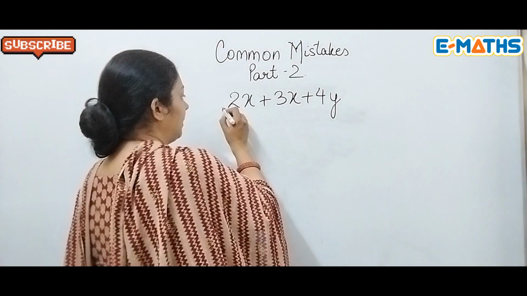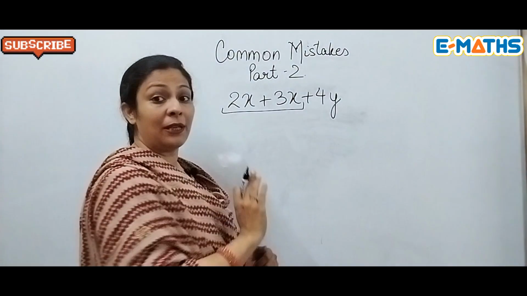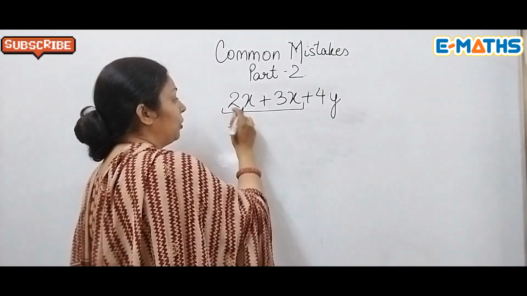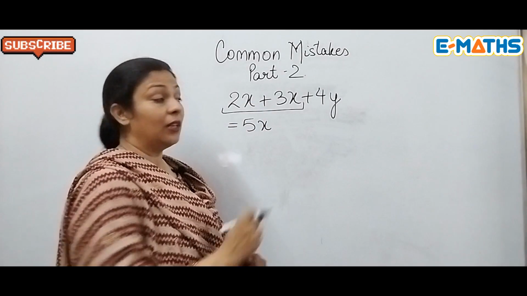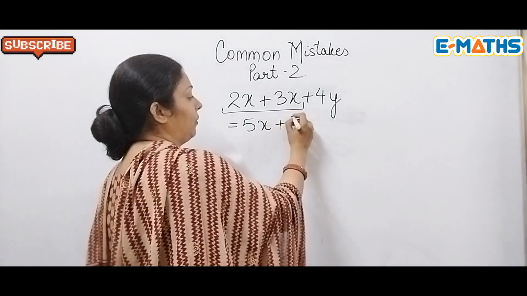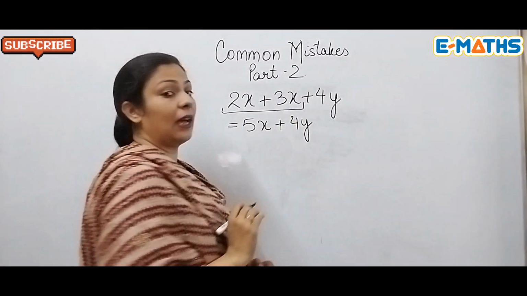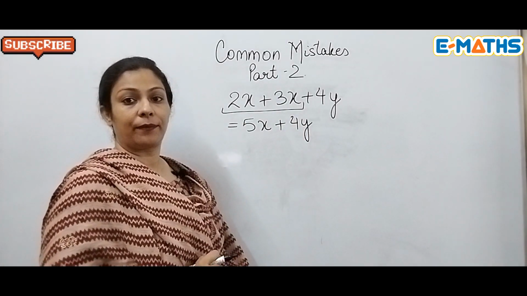So here if I see these two are the like terms, that means I can only add up the numerical coefficients of this algebraic expression, and this 4y will be written as it is.